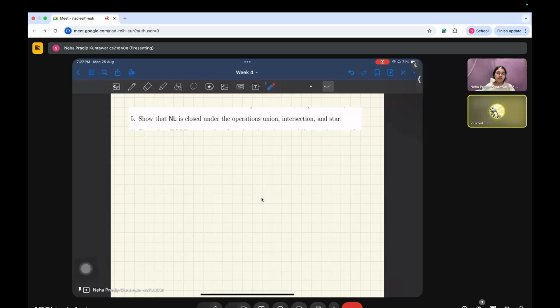Since now I can use only a logarithmic amount of space, how to manage those counters? But this time I have non-determinism available to me. So how can I use the non-determinism along with the counting to decide the Kleene closure of L?